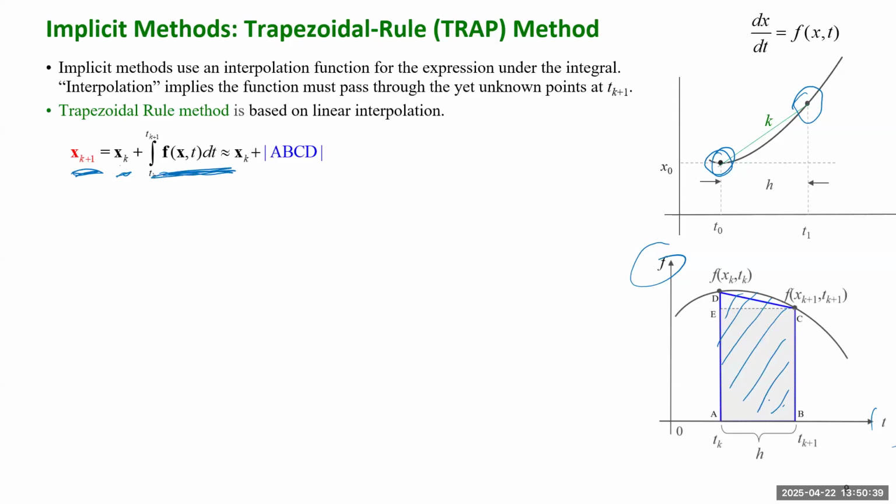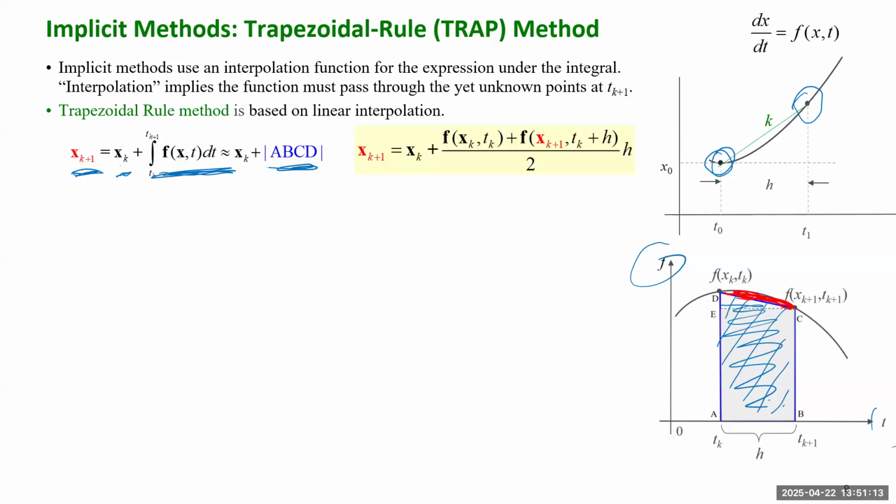Okay, but I can approximate the area under the curve by this trapezoid shape, which is ABCD. The only thing missing will be this small area, which is not considered, but because it is very small, the trapezoid can very well approximate the total area under the curve.